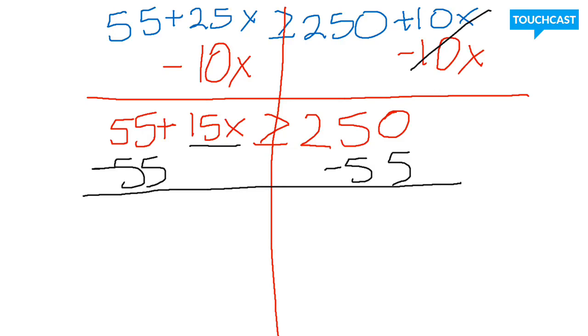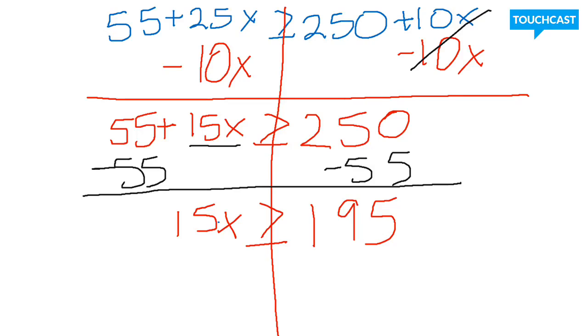And we don't need to subtract the 55 from 15x either, because there's not a variable attached to that 55, so you can't combine those. So we're left with 15x on the left side is greater than or equal to 250 minus 55. So we have 195 on that side. So now we still have 15 times x is greater than or equal to 195.